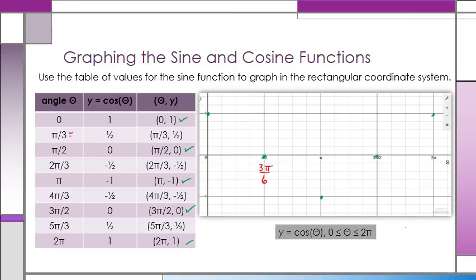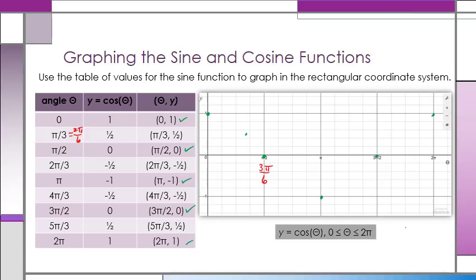How many units of 6 is pi over 3? That would be 2 pi over 6. So pi over 3 is just a little bit to the left of 3 pi over 6. So I'm going to estimate, like you saw me do before, and that's going to put me up at about 1/2, something like that.